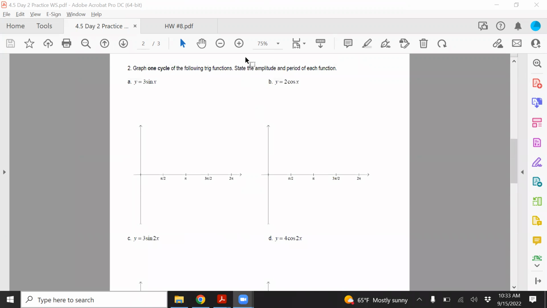All right. Okay, amplitude. Let's do both of these simultaneously, just so we get this quickly. So A is 3 here. A is 2 here. B is 1 here. B is 1 here.